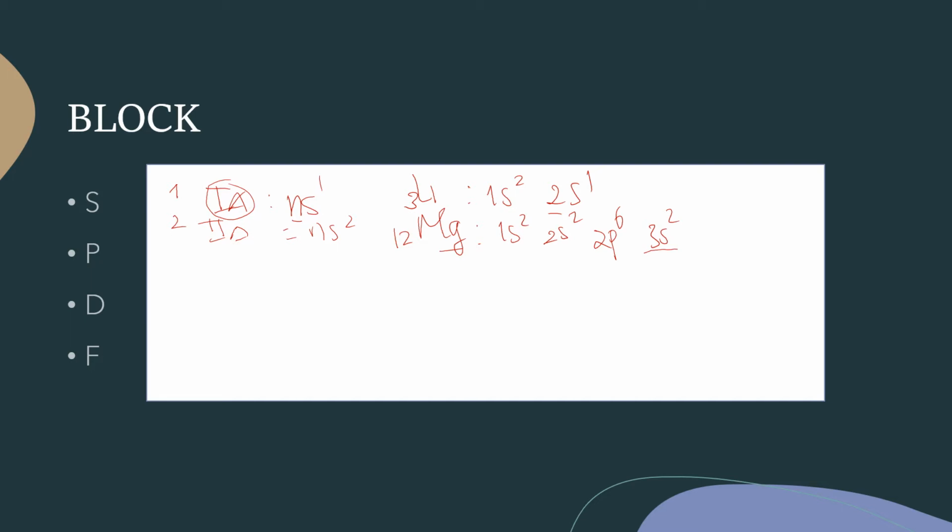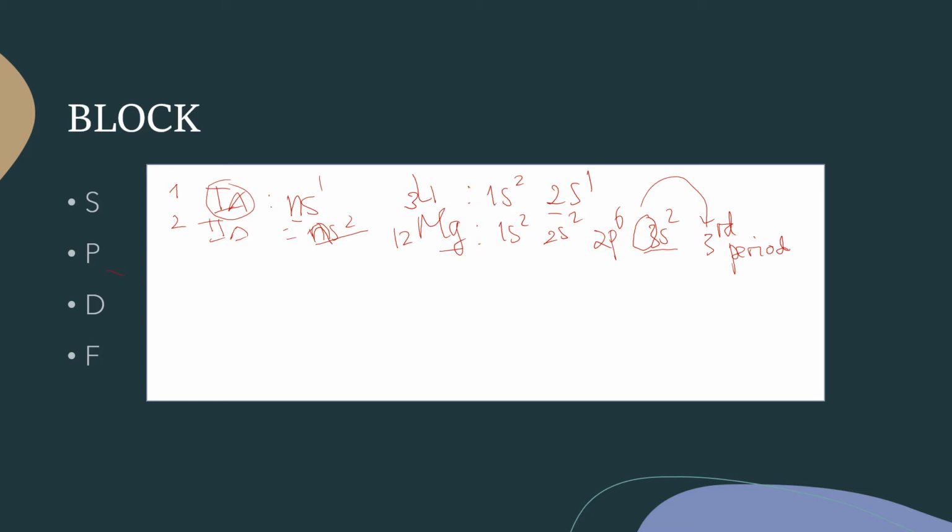In general, for group 2A, the configuration ends in ns2. For magnesium, n is 3, meaning that magnesium is located in the third period, or the third row.